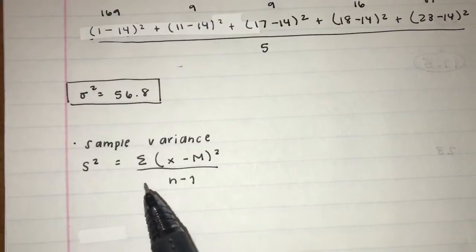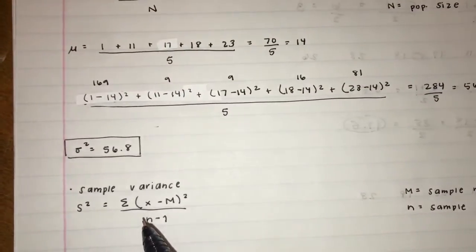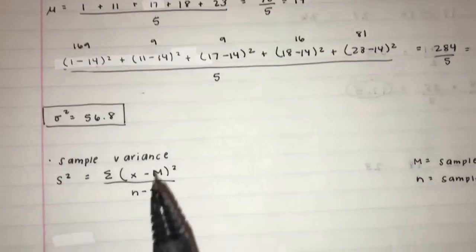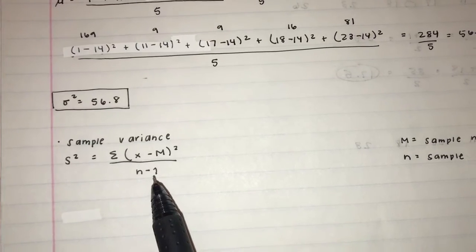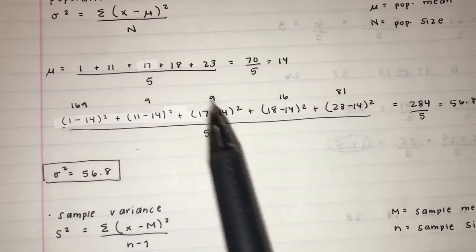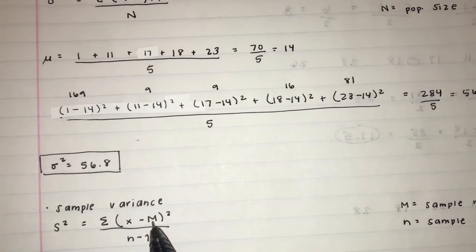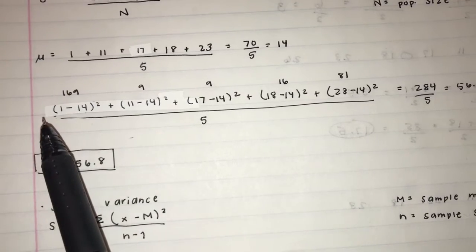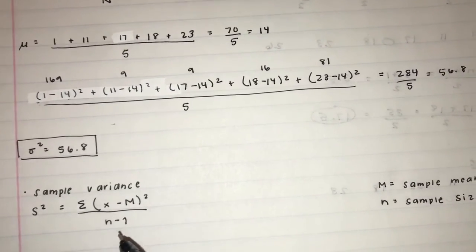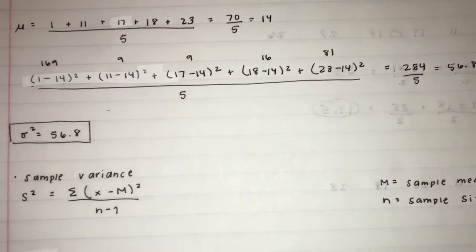To calculate sample variance, you would follow the same steps as up here, except you would be using the sample mean from your data set, and the denominator is going to be your sample size subtracted by 1. You're going to take each score, subtract your sample mean, square it, sum each of those, and then divide by your sample size minus 1, and that's going to give you your sample variance.